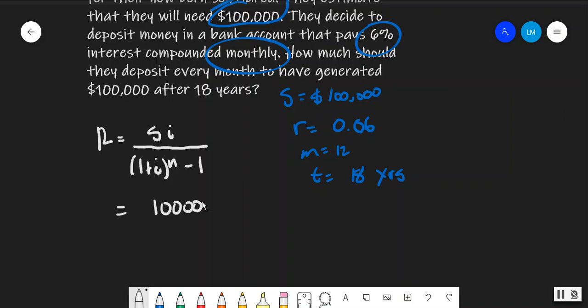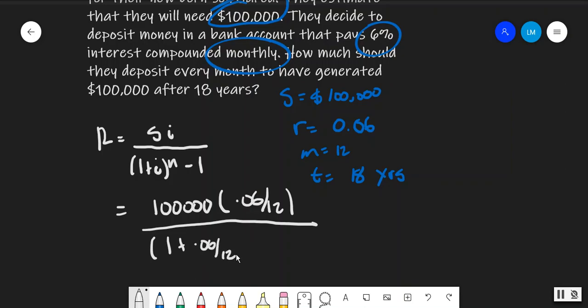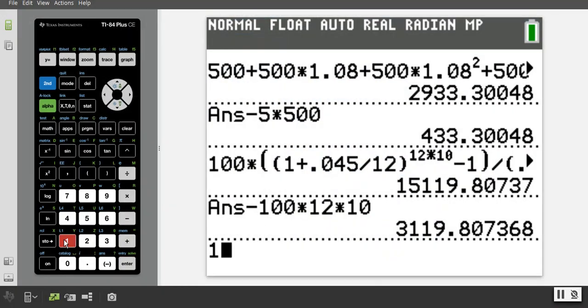So 100,000 multiplied by 0.06 divided by 12, and all of this is divided by 1 plus 0.06 divided by 12 raised to the 12 times 18, minus 1. Okay, now this computation might seem a little robust, but we can do this in a way that it's not going to be too bad. So we can do this in steps, by the way.